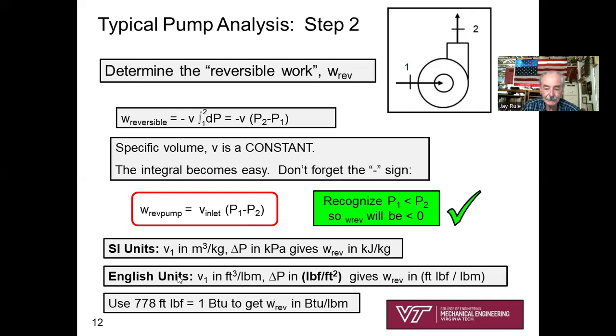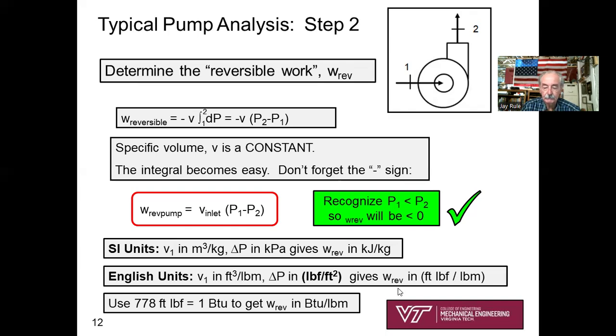If you're in English, this is important. V1 is in cubic feet per pound mass. Your delta P term needs to be in pounds force per square foot, not pounds force per square inch. So you have to change your pressure increase to pounds per square foot. And what are the units of W reversible going to be in English? It's going to be in foot-pounds force per pound mass. That is important in English.